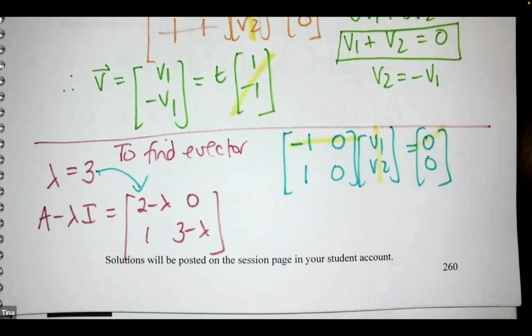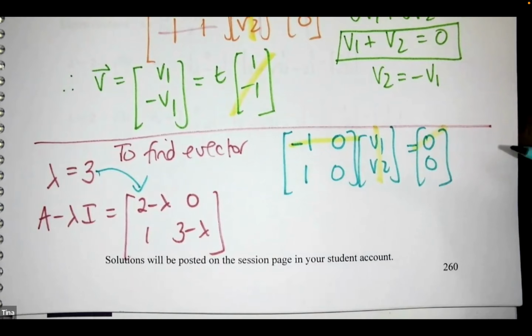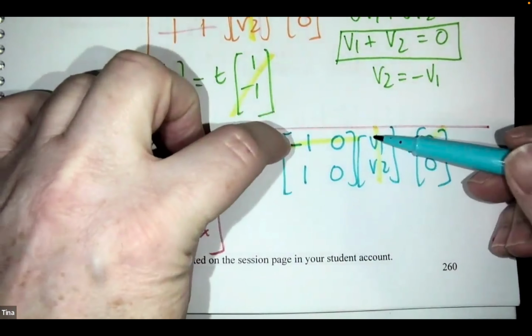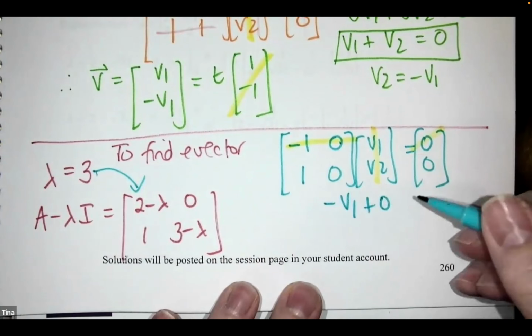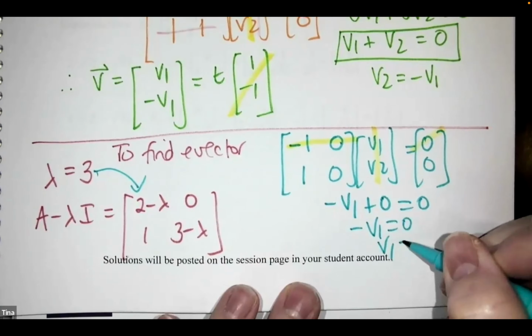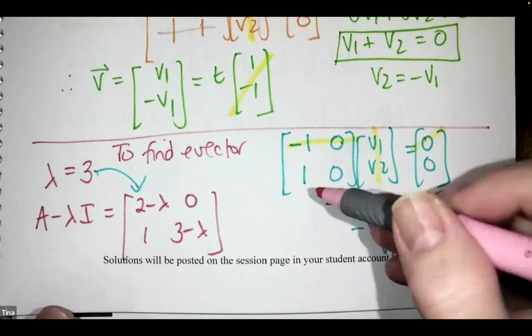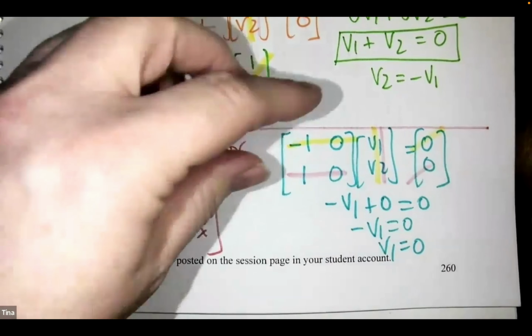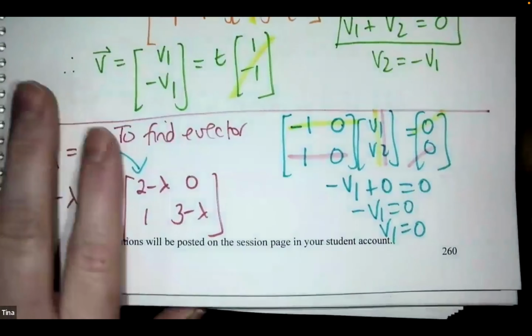If we take the first row and dot here, first times first plus second times second, negative 1 times V1 plus 0 V2 is 0 equals 0. So if negative V1 is 0, then V1 is actually 0. The bottom is going to tell me the same thing. It's going to tell us 1 times V1 is V1 plus 0 equals 0.